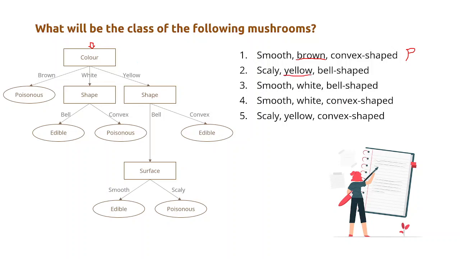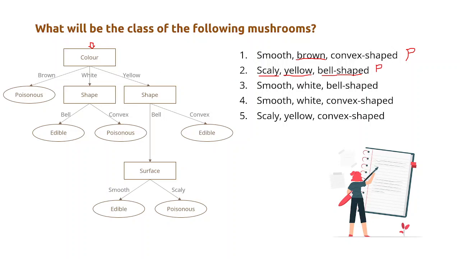Yellow. Shape, unsa may shape niya ha? Shape is bell. Okay, bell shape. So sulod ta dire. Unsa may surface niya ha? Scaly. Okay, correct. Poisonous.